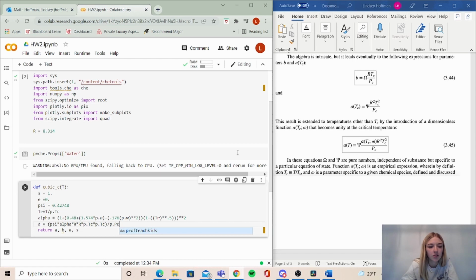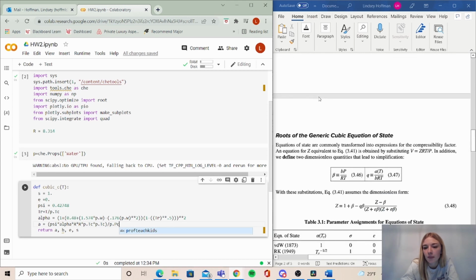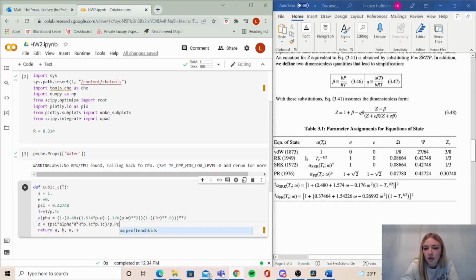Okay, so now if we look at our B equation up here, the only thing we don't have is this omega right here. So we come back down to our table, you can see that it gives us that value right there.